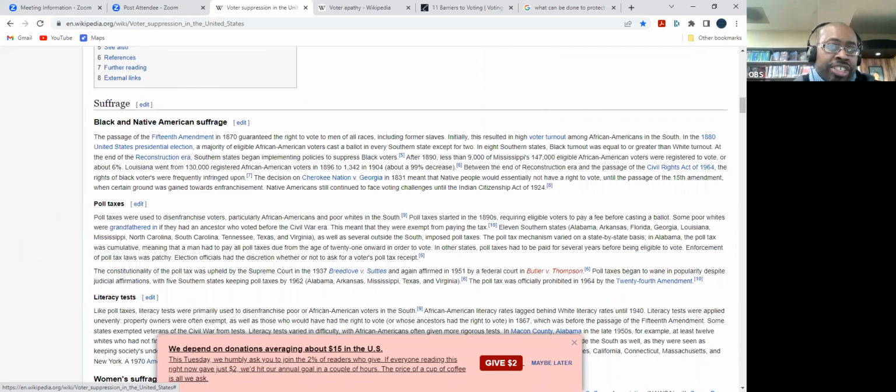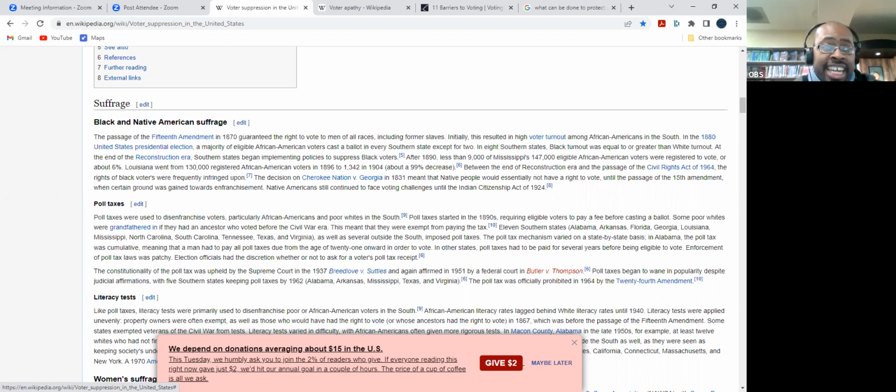How did voter suppression come to be? Of course, the 15th Amendment was added to the Constitution in 1870, which granted the right to vote to men of all races, and that includes former slaves, and which resulted in a high voter turnout, especially among African Americans in southern states.